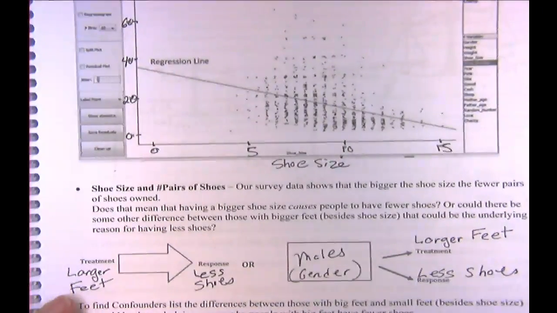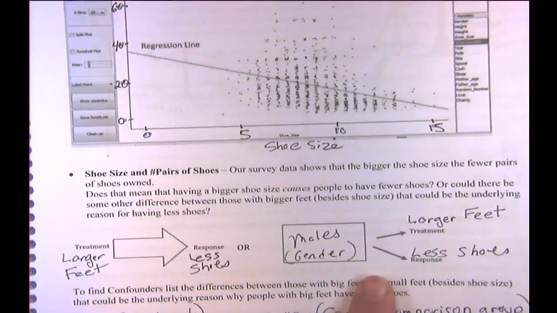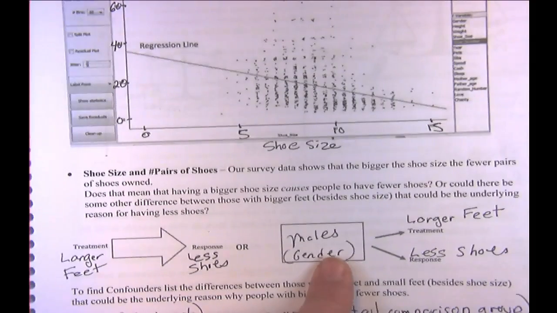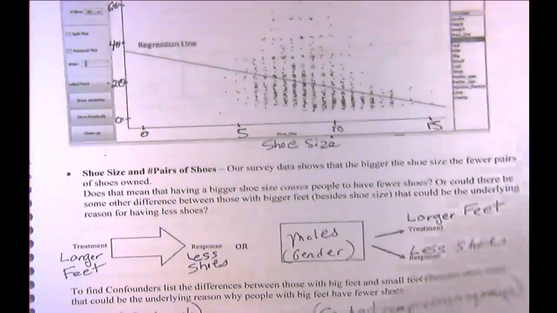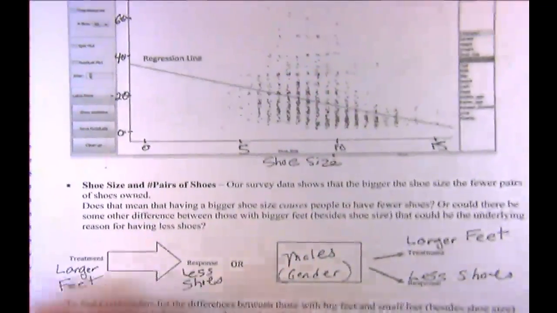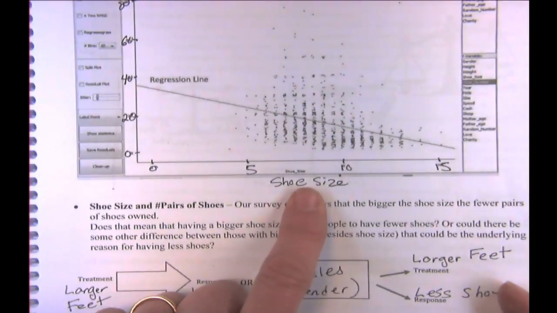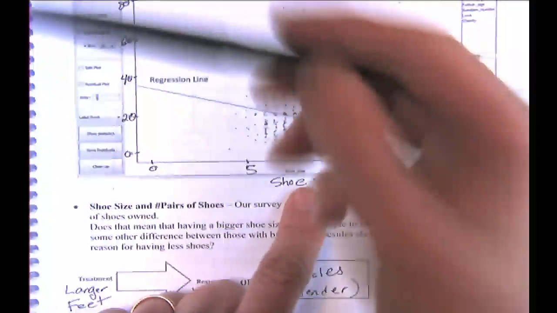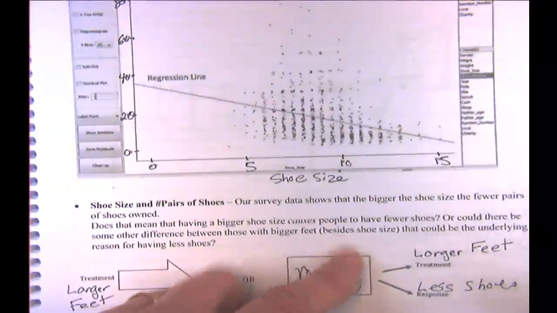So what we did here was we said, okay, the way that we control for this is by stratifying. If we think that gender is a possible confounder, we're going to split the data into two groups where the confounding variable is the same. Just look at men alone, and just among men, does a bigger foot correlate with fewer shoes? And just among females, does that hold up?